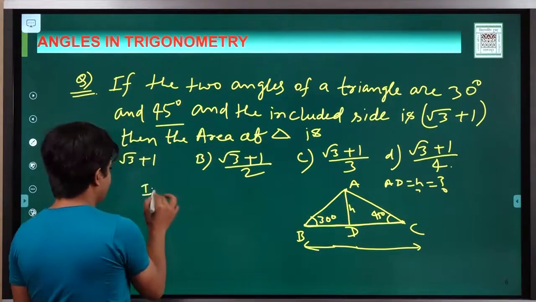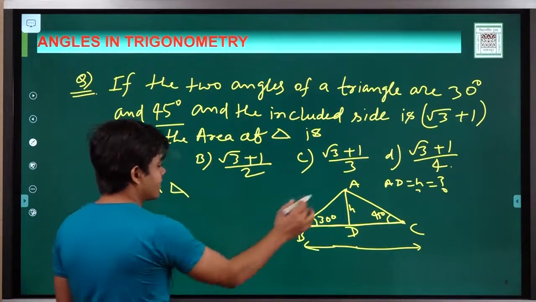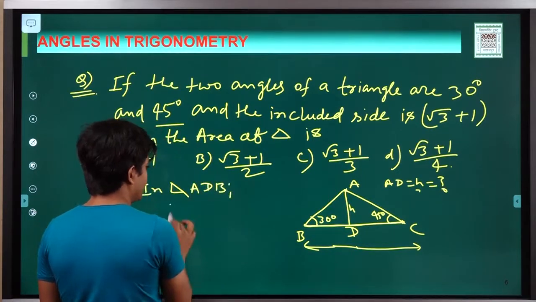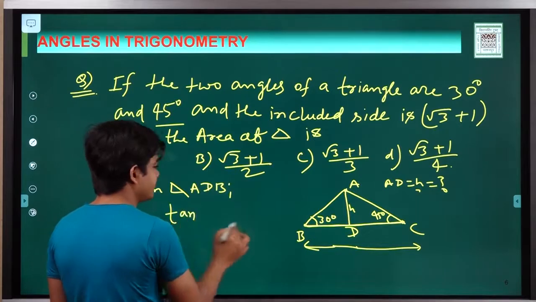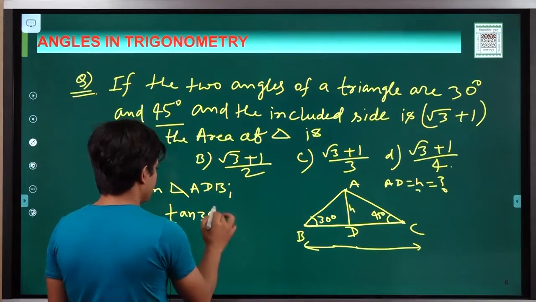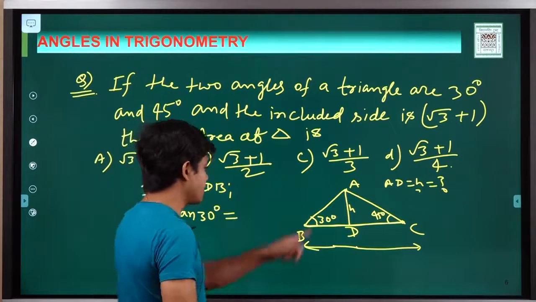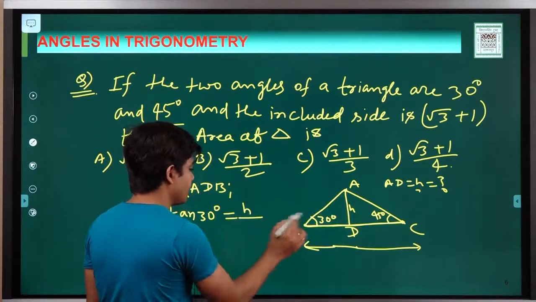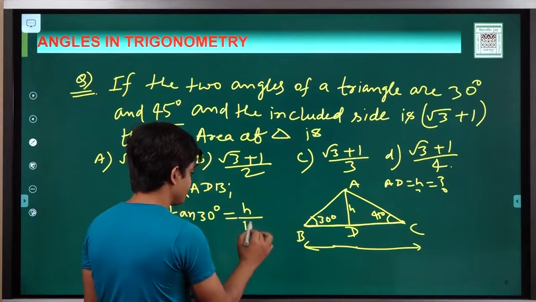So in right angle triangle ADB, what will tan 30 degree be equal to? B by P, meaning AD by BD, meaning H by BD.